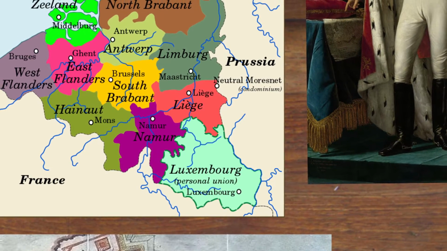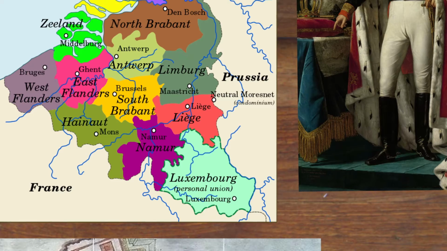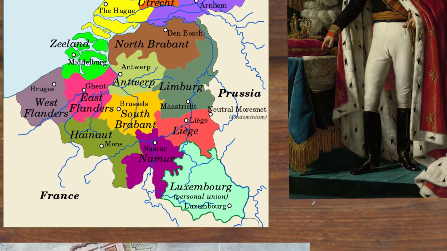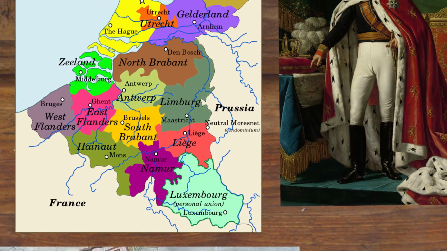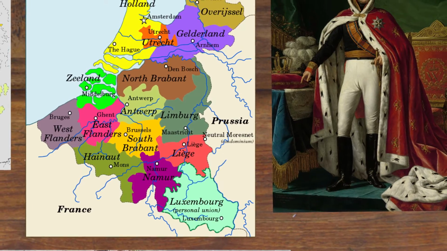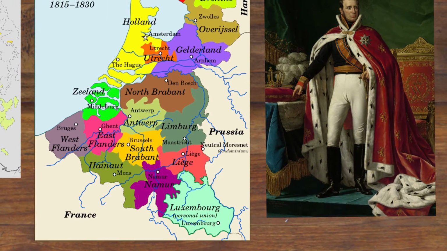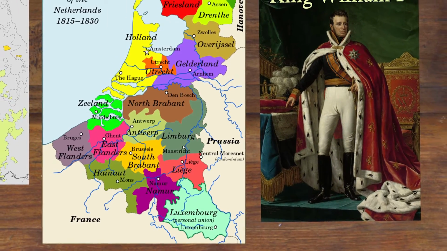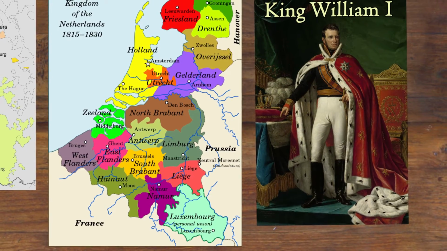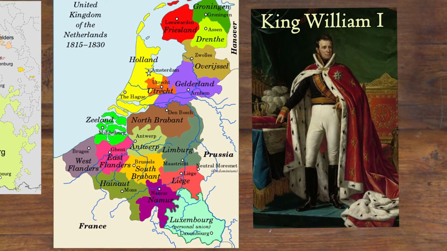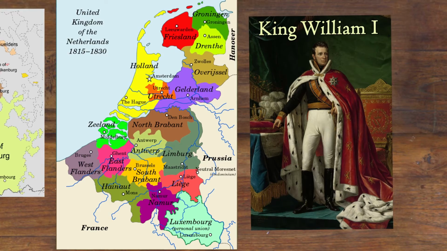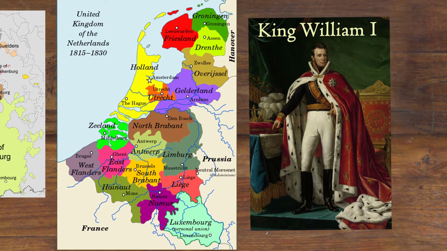Now, if you're not familiar with the concept of a personal union, it is when two separate nations, so in this case it would be the Kingdom of the Netherlands and the now Grand Duchy of Luxembourg, while technically two separate nations, being ruled by the same person, so functionally being the same nation.